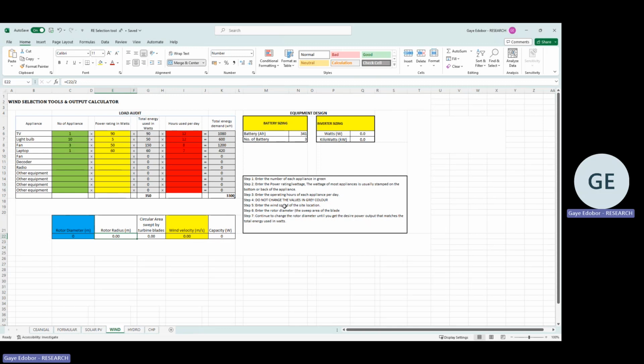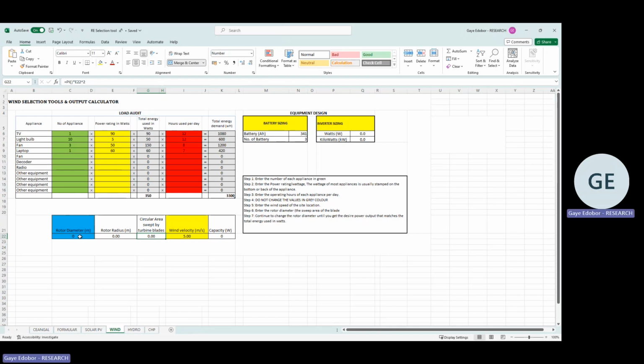You can get this from the Global Wind Atlas. In our scenario, we are using 5 meters per second. And second, the rotor diameter. Rotor diameter in this case signifies the area that is swept by the wind turbine.